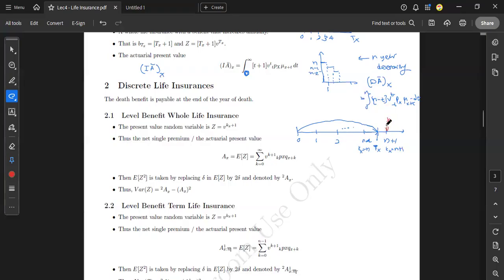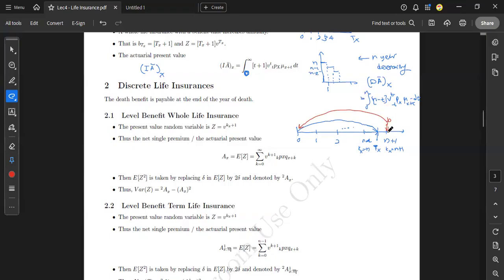And we need to take the present value of the benefit, take it to the present. So the person survives in blue up to this point and the death occurs in between n and n plus 1. If the death occurs in between n and n plus 1, the benefit is being paid at the end of that period, which is at the beginning of n plus 1.